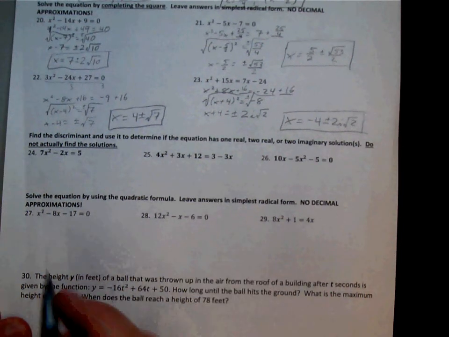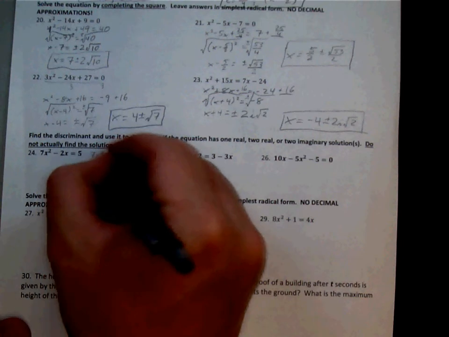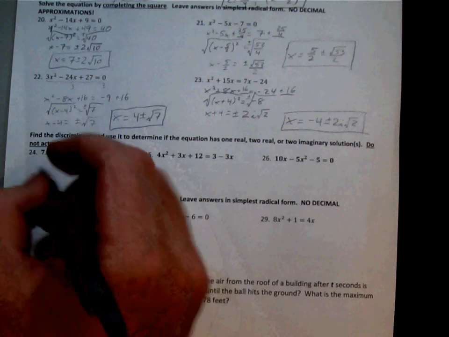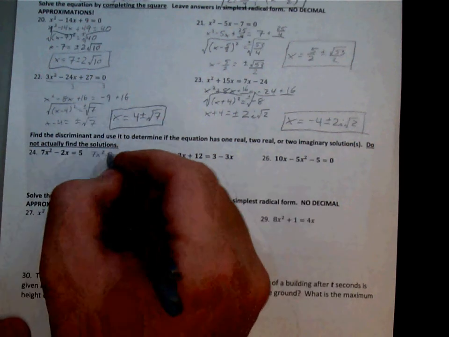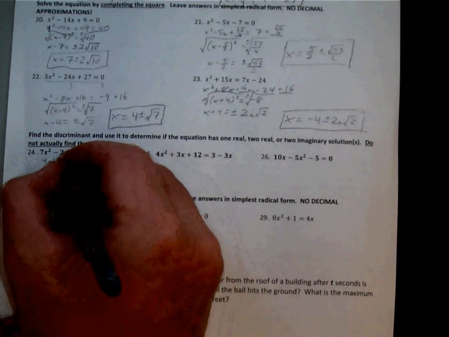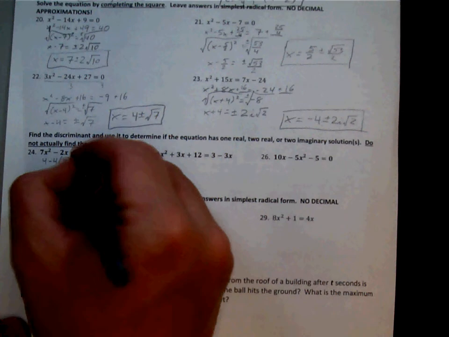Find the discriminant first. I'm going to subtract that 5 over. No, I want everything on one side. So b squared minus 4ac. So negative 2 squared is 4 minus 4 times a, which is 7, times c, so negative 5.